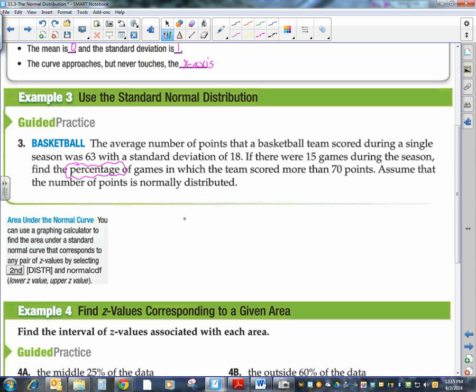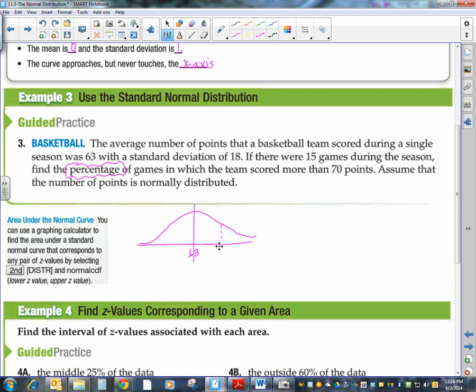So again, I like the visuals, so I'm going to sketch, bad sketch, but I'm good with that. I'm going to sketch and know that my mean, the average, is 63. The standard deviation is 15.